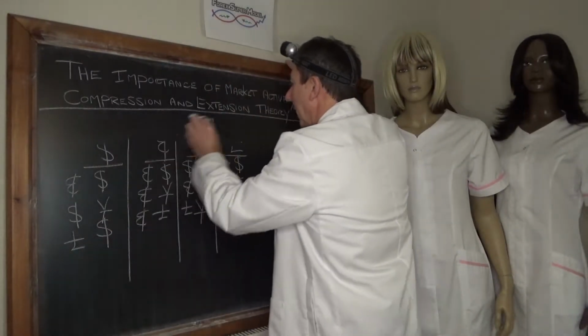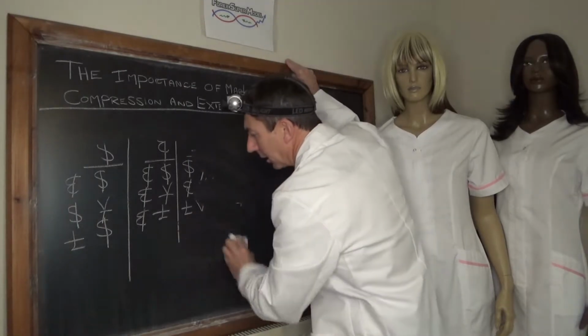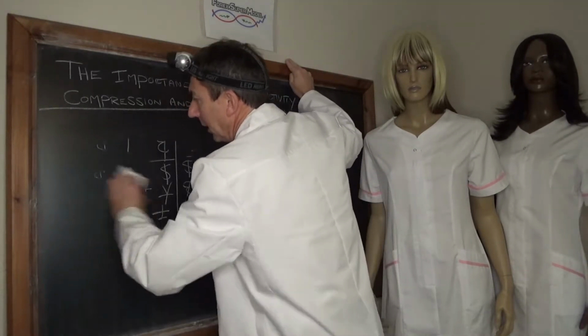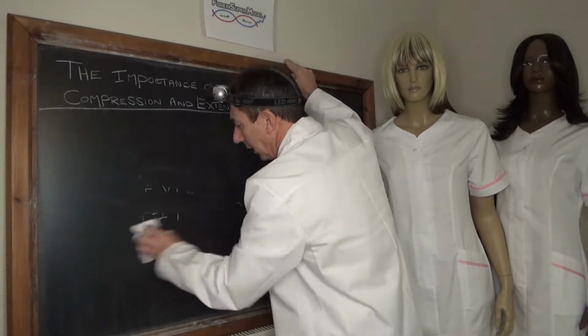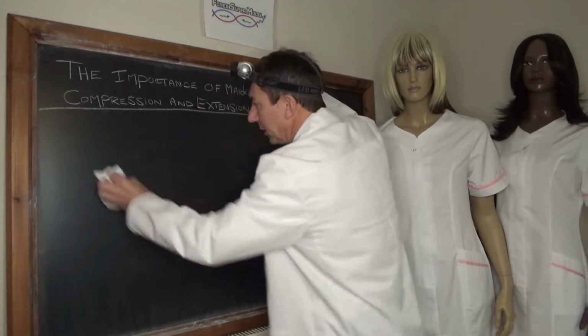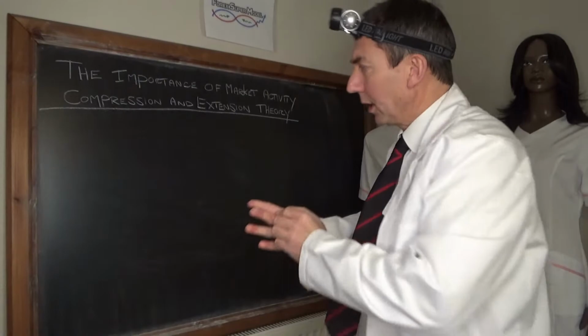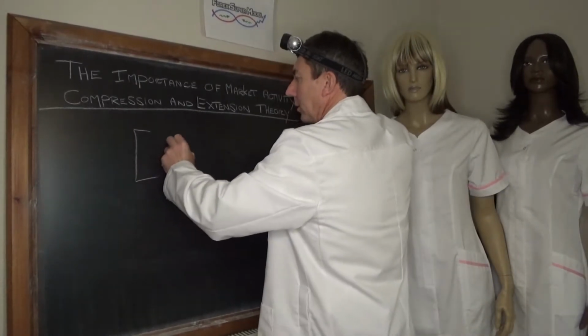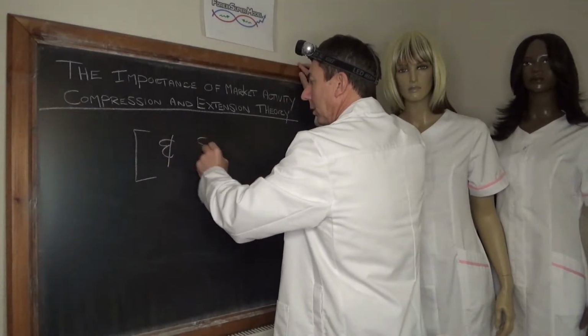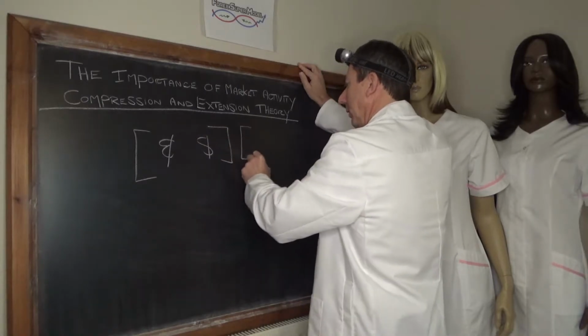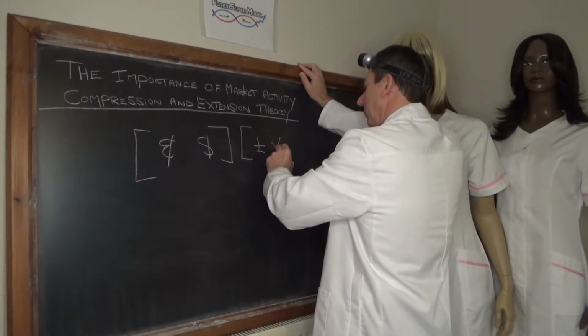Right, and what do we mean by activity? Well, market activity, if you remember, and if you've seen the daily briefings, we tend to write them up like so. Just an example: euro, dollar, pound, yen, whatever.